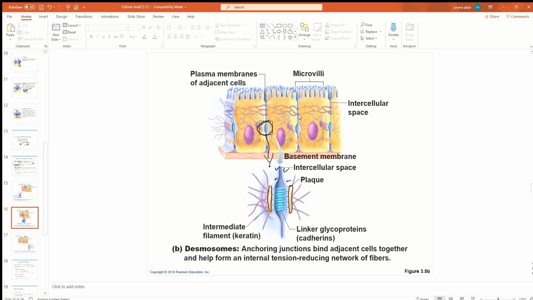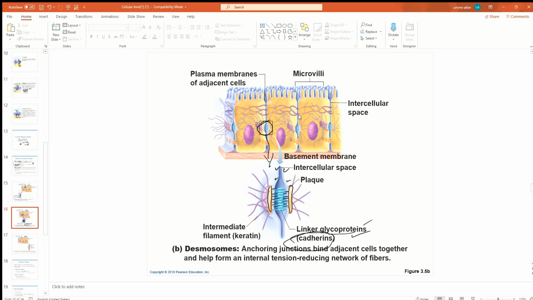Okay, and from the plaques these protein structures come out, and these are called linker glycoproteins, or cadherins. Important. Okay, I may ask you.